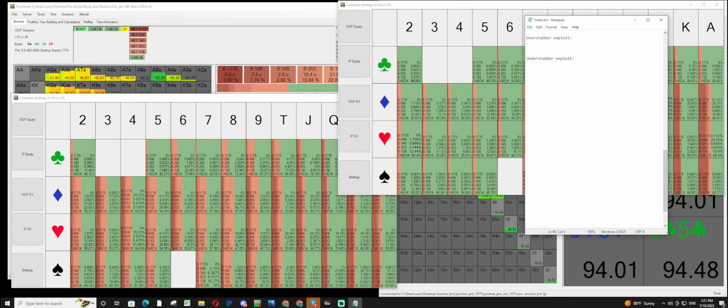Against an overstabber, you should c-bet less, check-raise more, and attack his check-back, which means delay c-bet at higher frequency.